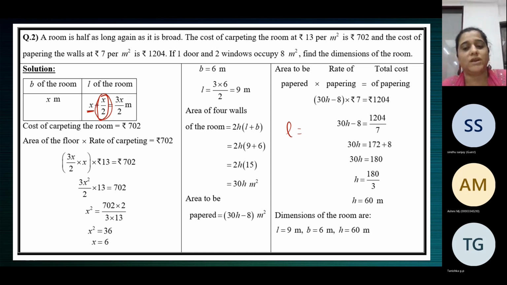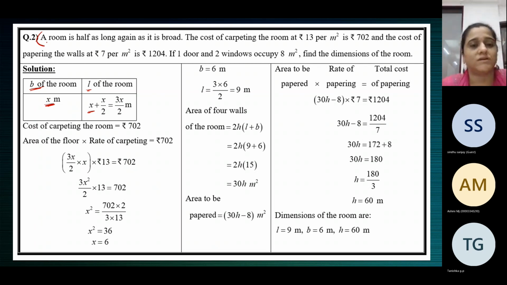The length is not equal to the breadth. So that English here you need to understand. If the breadth of the room is x, the length of the room is x plus x by 2. On taking the LCM, you'll get 2x plus x, 3x by 2 meters.